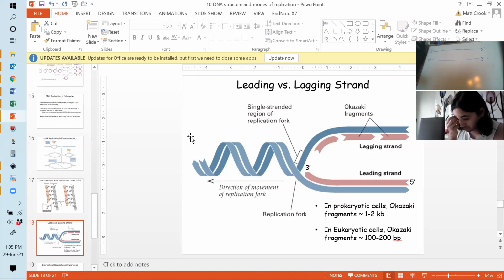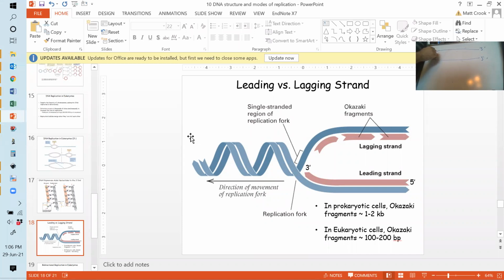So if the replication fork was going that away, then the new strand going in that direction can be synthesized continuously because new nucleotides always have to get added to the 3' end of the new DNA strand.